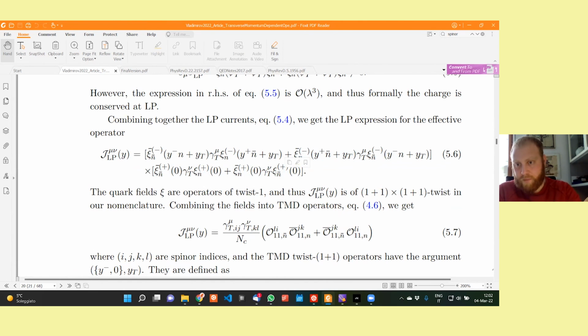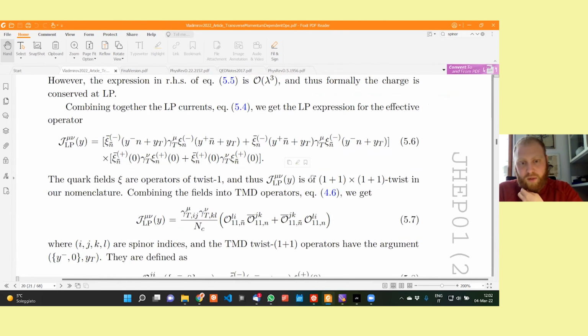So that is bad. So the only allowed combinations are the first with the second. So this one with this one, and by symmetry, this one with this one. And when you do that, you just have a product, and let's look at, for example, the first two.